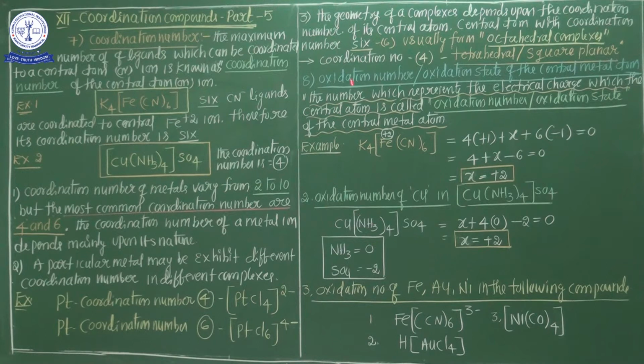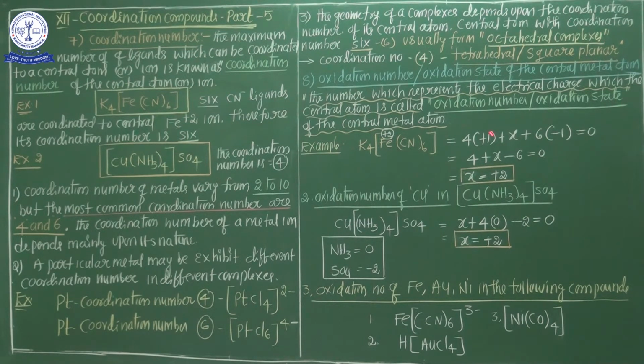For example, if 6 is there, it is octahedral. For example, the central atom here has 1, 2, 3, 4, 5, 6. So the coordination number decides the geometry of the complex. The central atom with coordination number 6 usually forms octahedral complexes.